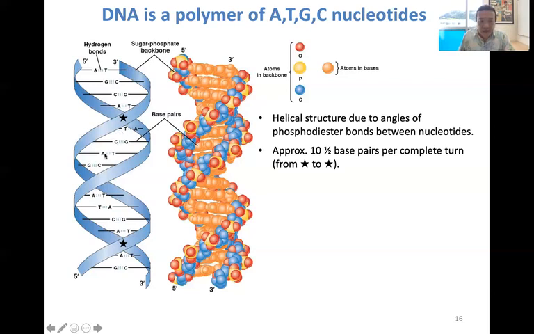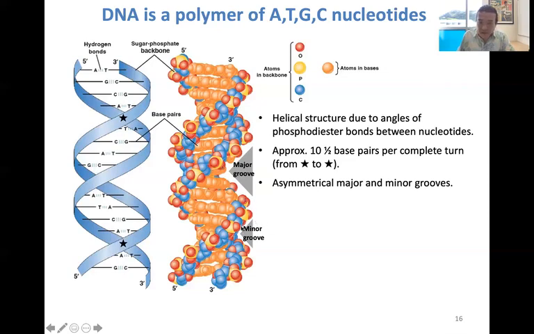There are about 10 and a half base pairs, 10 and a half A's and T's, C's and G base pairs in one complete turn. Okay. In addition, there's some aspect of asymmetry to this. There are regions of the spiral that have a much larger groove on the side, right?